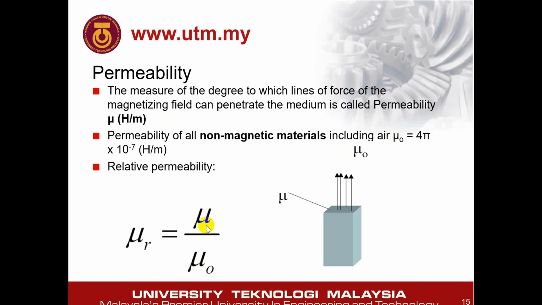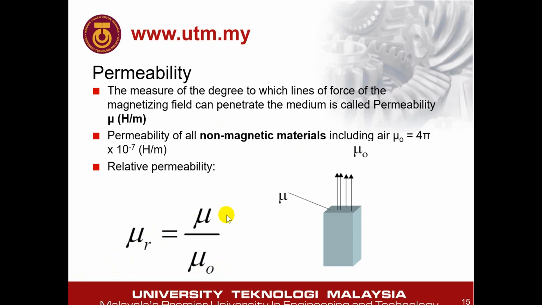Mu equals mu naught mu r, where r is just a relative number. For non-magnetic material, for example air, mu r is equal to 1. But for magnetic material, mu r is larger than 1. Mu naught is a constant.